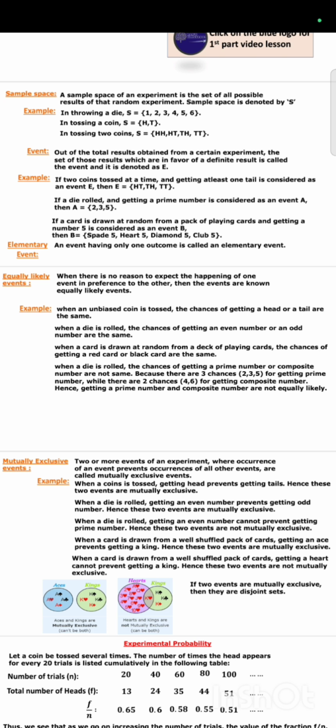Means after getting 1, 2, 3, 4, 5, 6 as outcomes, 1 is one event, 2 is another event, 3 is another event. There is no overlap between these events. E1 intersection E2 intersection up to 6 gives nothing. That is called mutually exclusive events.